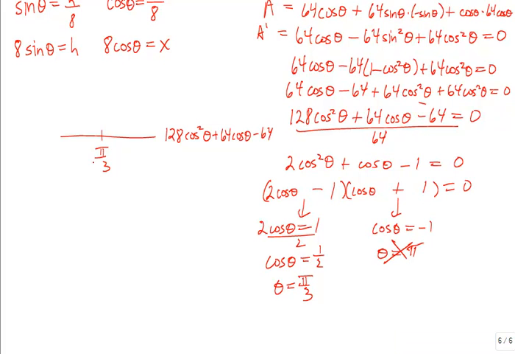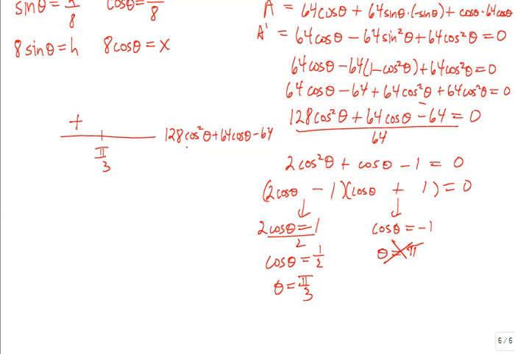And then we would need to plug in something to the left of pi over 3 like 0. If I plug in 0, cosine of 0 is 1, so this is 128 plus 64 minus 64, that's going to be 128, so that's positive.